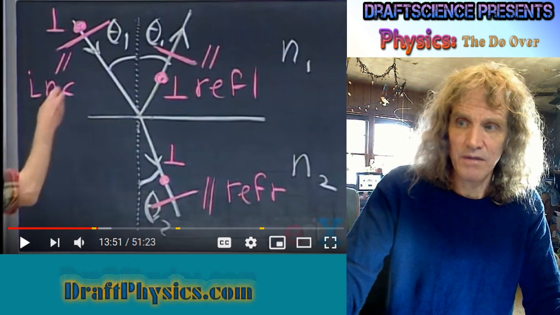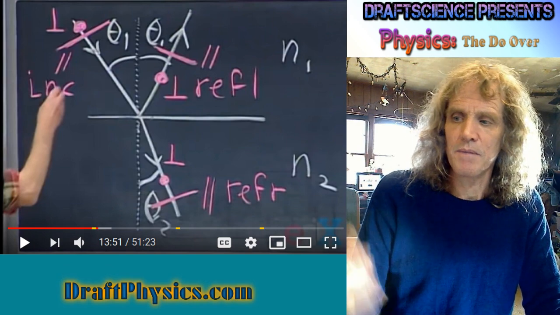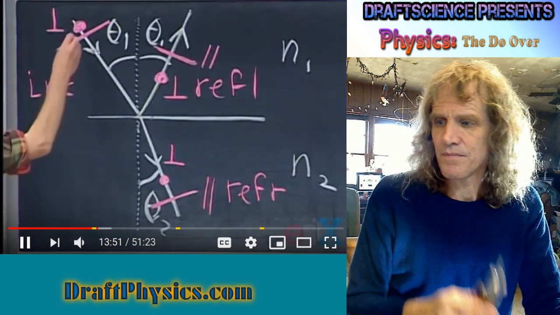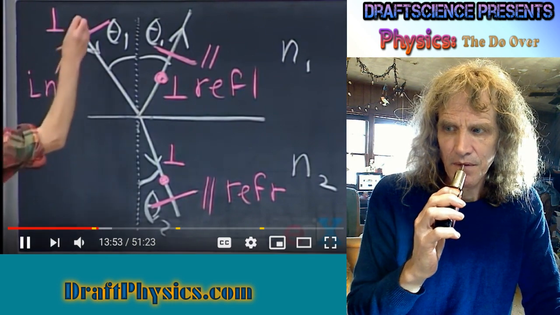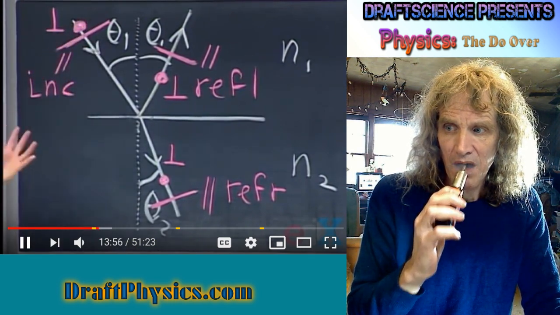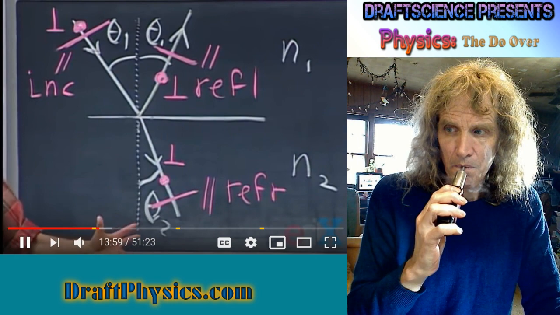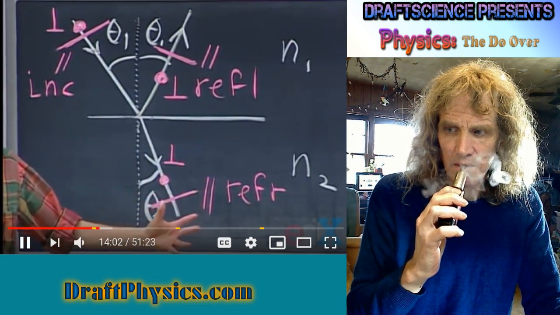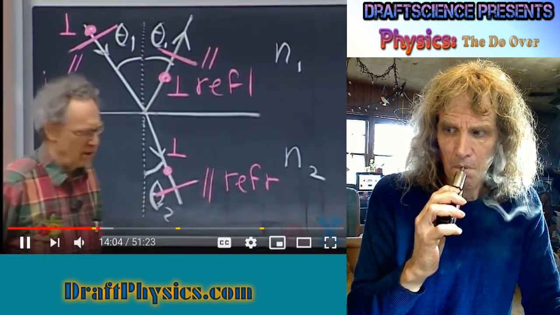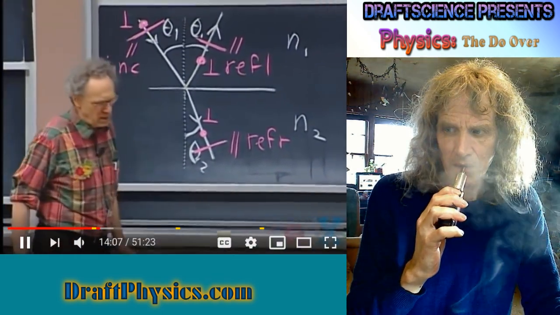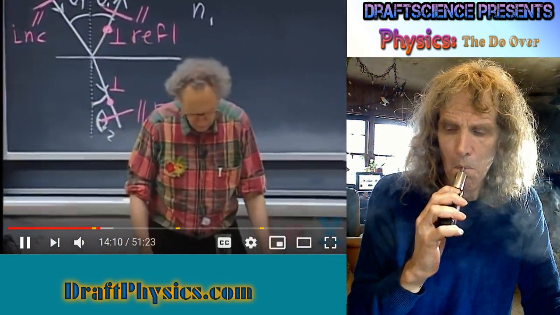So this isn't about what a single photon does. This is about what they do on average. The strength of this component and the strength of this component must be exactly equal, because if one were stronger than the other, then it wouldn't be unpolarized. Then there would be, on average, a preferred direction. So this component has the same strength as that component for the incoming light.